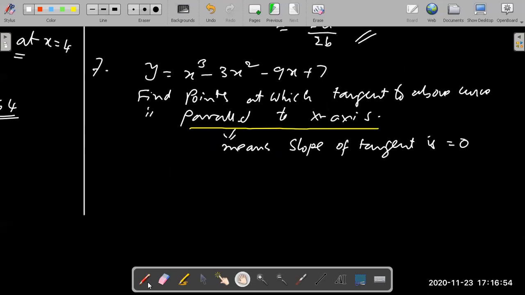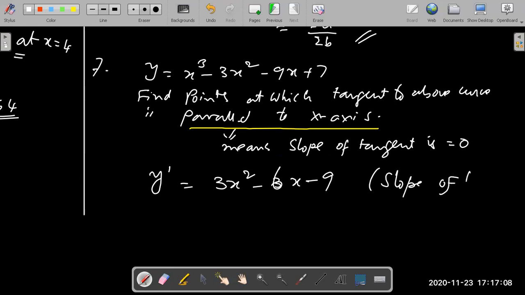So we need to first differentiate: y dash equal to 3x squared minus 6x minus 9. So this is y dash, and this is the slope. And he said it has to be 0. Y dash is equated to 0.